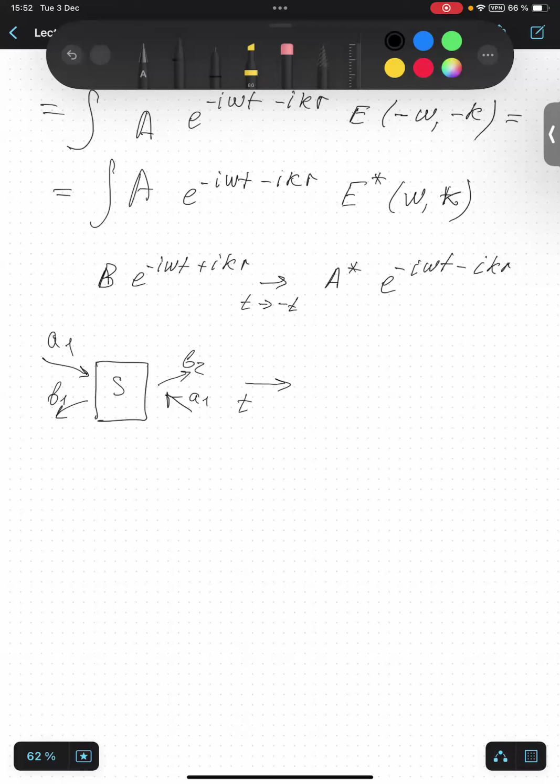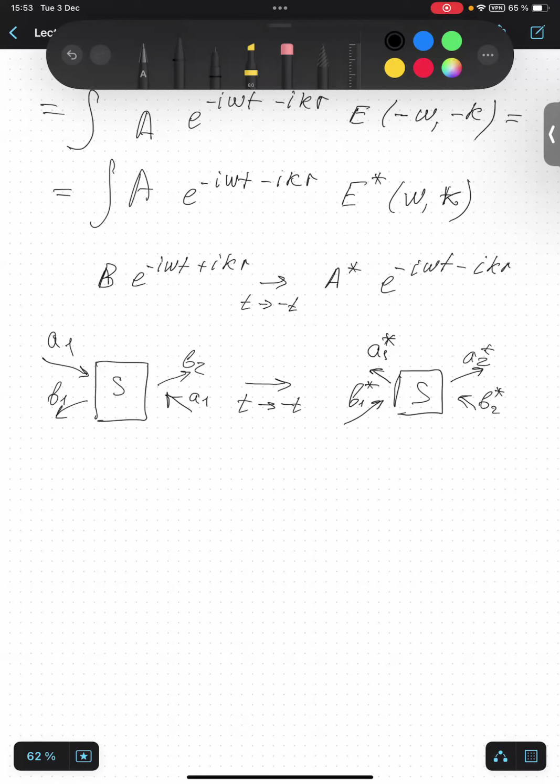When we perform the time reversal symmetry, what we have to do? We have to conjugate the amplitudes and change the direction of k. So in this case, it will look like this. So B1 complex conjugated, A2 complex conjugated, and B2 complex conjugated.